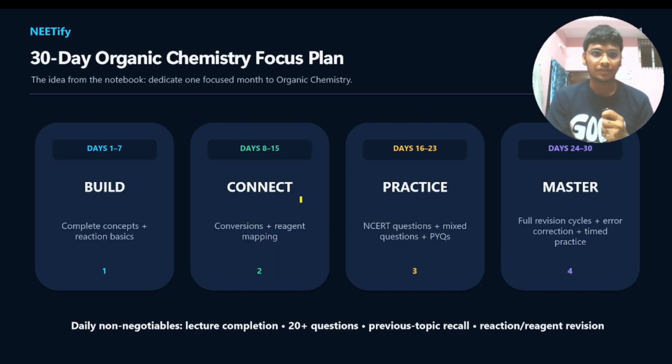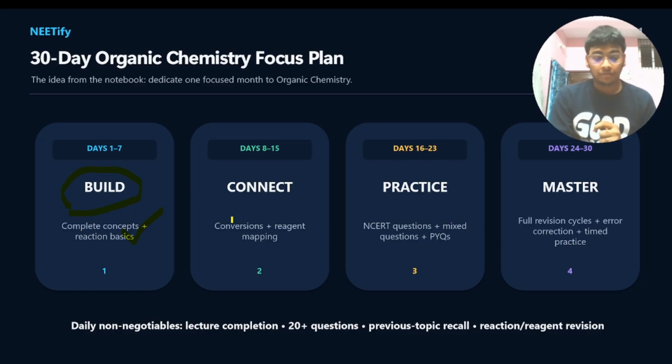Next, what's my 30 days organic chemistry focus plan? From day 1 to 7, that is for 1 week, you should build the concepts. First, complete the lectures, the reaction basics, the lecture concepts.